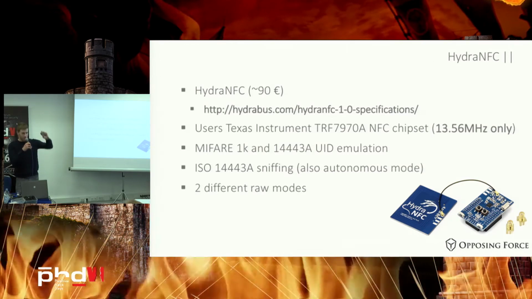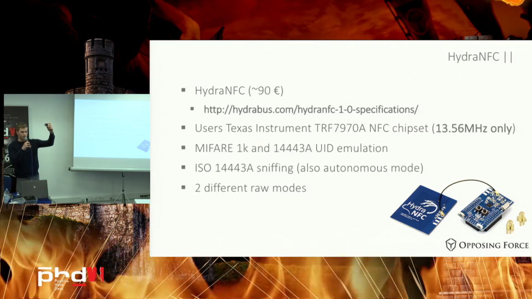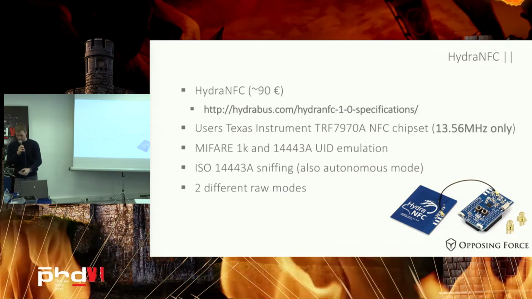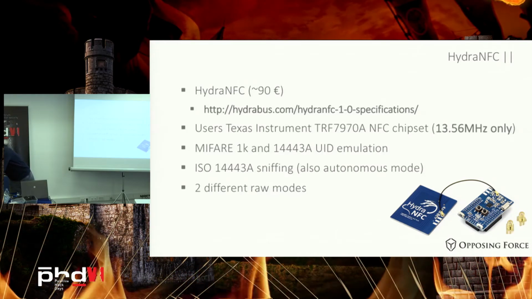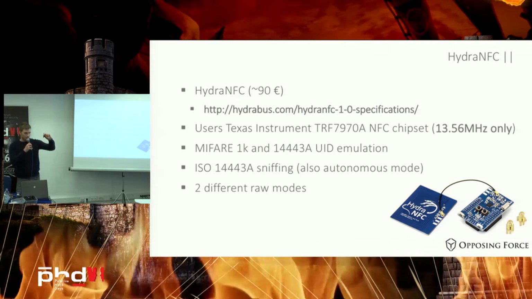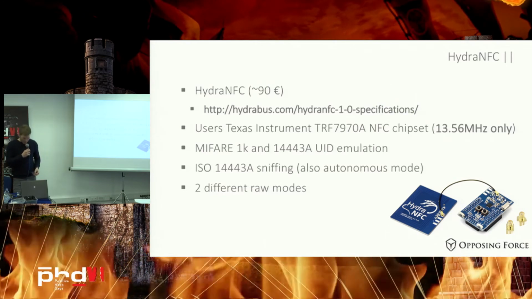Okay, so this is the Hydra NFC. It's a very small board with some pin connections. You can use something like the Bus Pirate to communicate with it, or the official support board, which is the Hydra bus. And then we have the antenna, which is, of course, for reading, emulation, and sniffing.